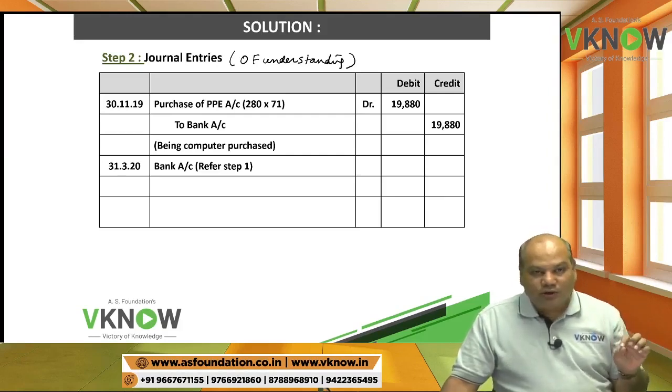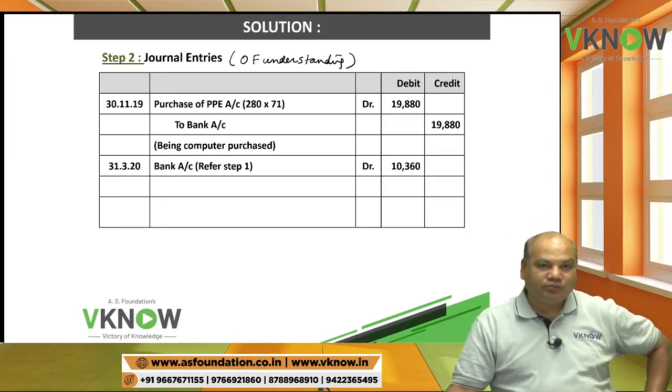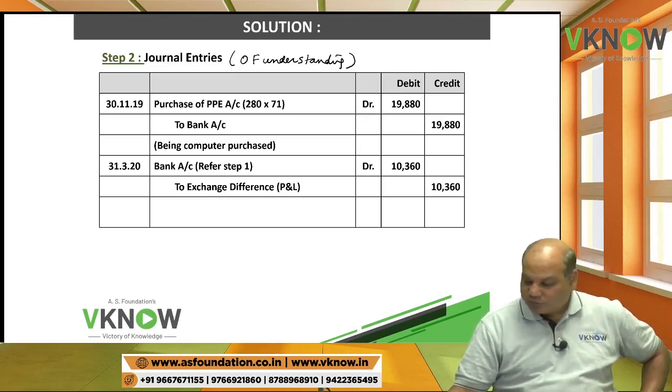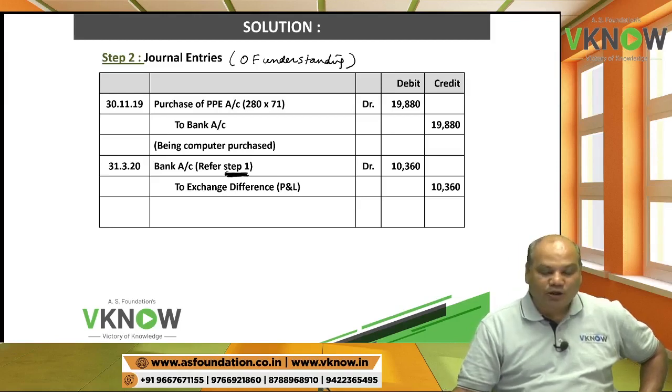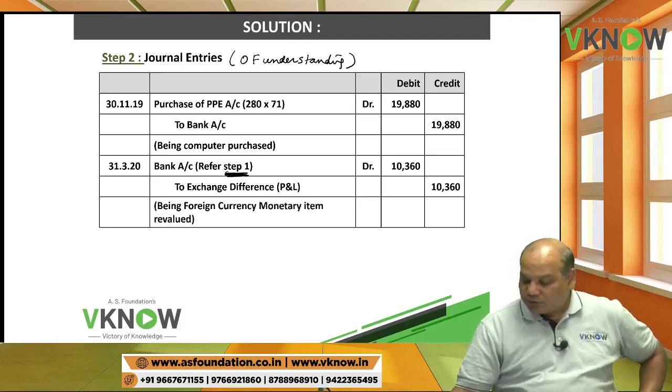So here the entry will be bank account debit 10,360 to exchange difference 10,360. This we have already calculated in step number 1. So write down in brackets, step number 1. Being foreign currency monetary item revalued.